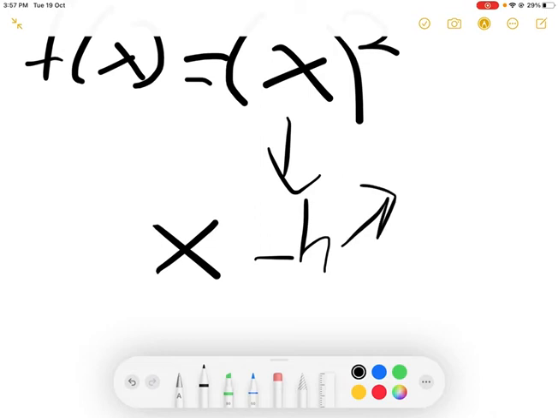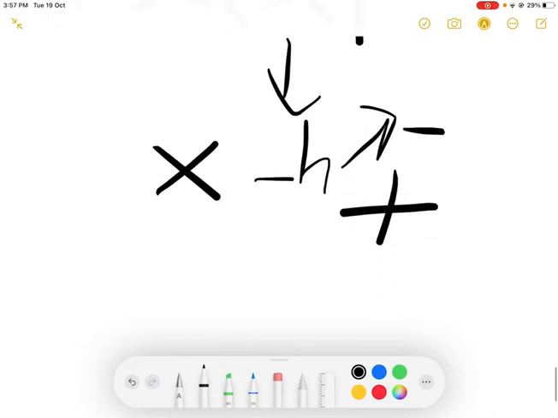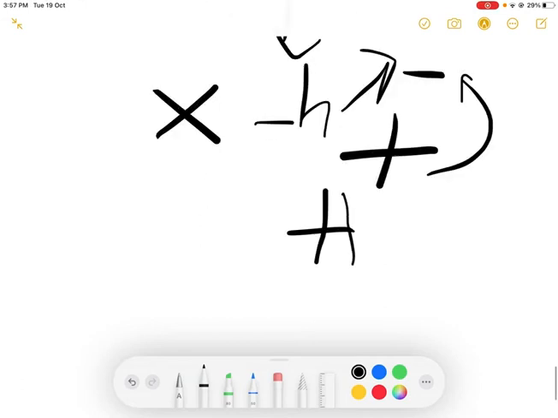If h was a negative number, it would be positive, and if it was a positive number, it would be negative. It works similarly to the absolute value function, but they're not the same thing because they're two different functions.